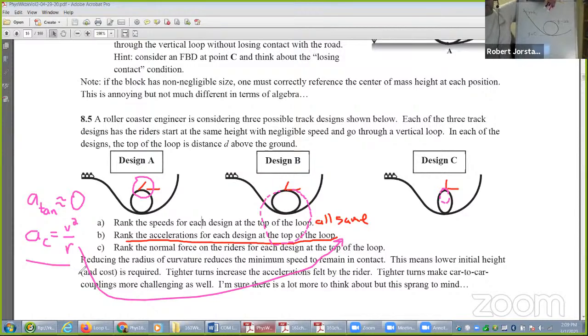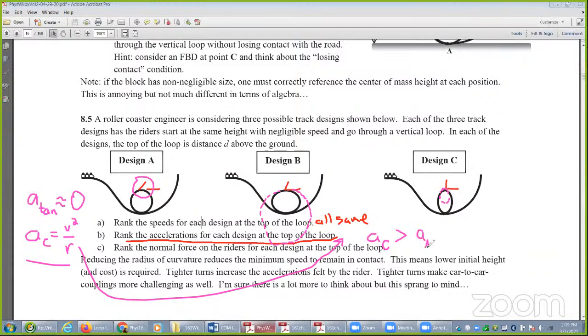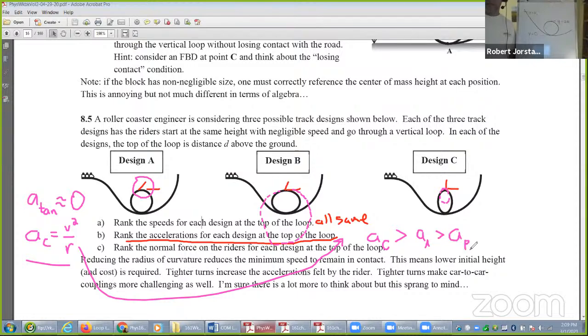Which one has the largest acceleration? C. Yeah, it should be a for case C. That was terrible. I should have called it design 1, 2, and 3. C is greater than, what's the next one? A, and then followed by B. All right. Now, wait a minute.